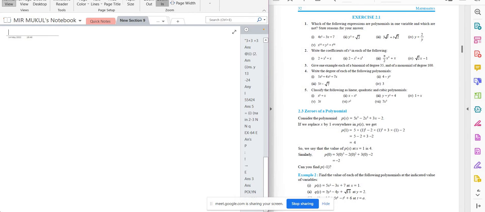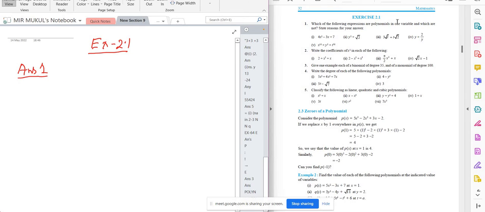Now what is the question? Exercise 2.1, question 1: Which of the following expressions are polynomials in one variable and which are not? State reasons for your answer.